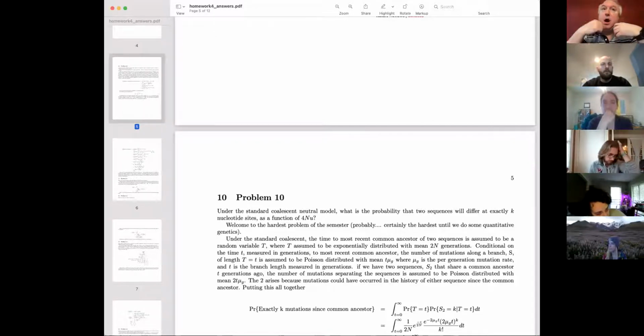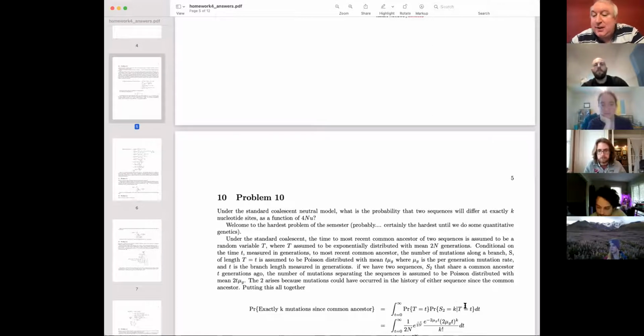They happen unusually. So for most rare events, they're probably well approximated with a Poisson. So given that I knew these 2 alleles shared a common ancestor t generations ago, the probability there are exactly k mutations separating them is just some Poisson distribution.